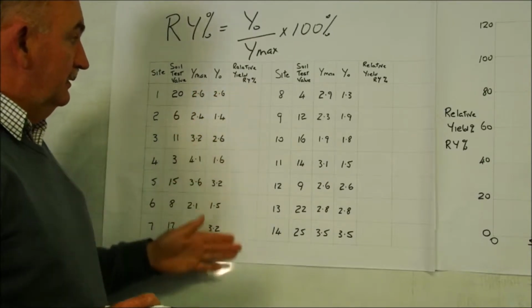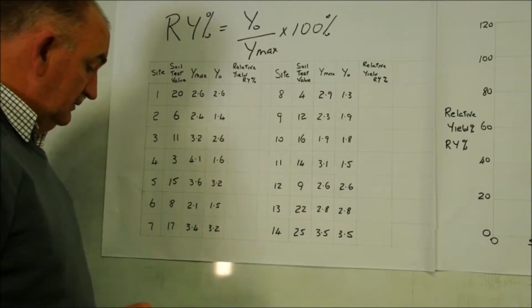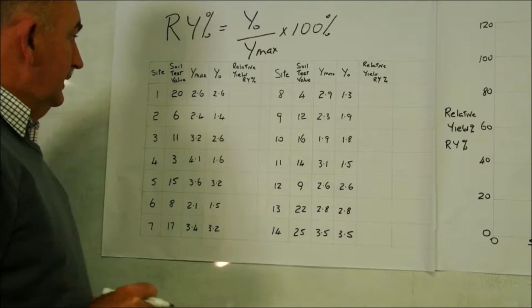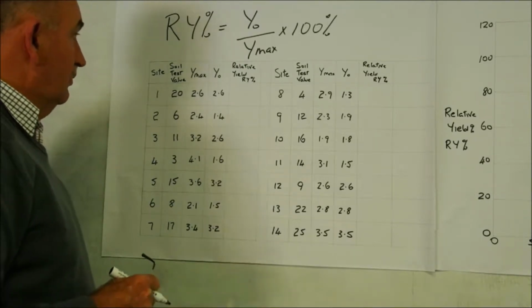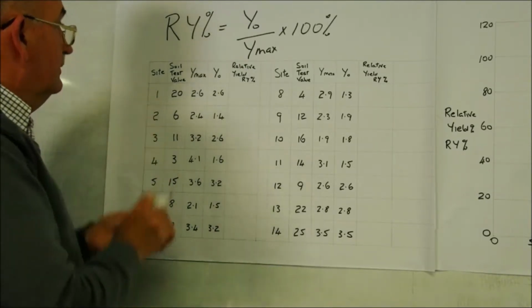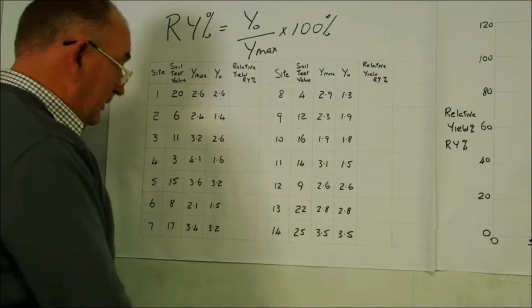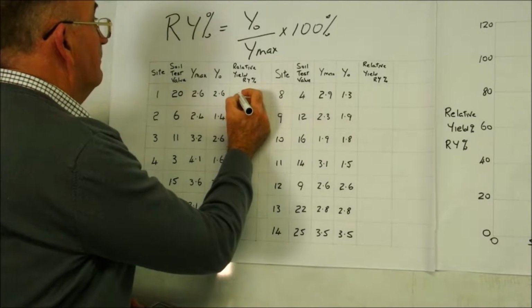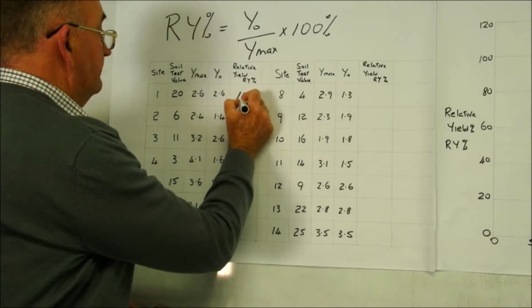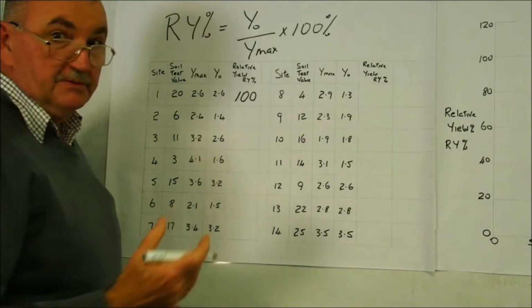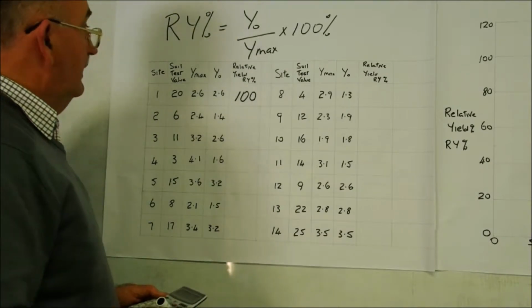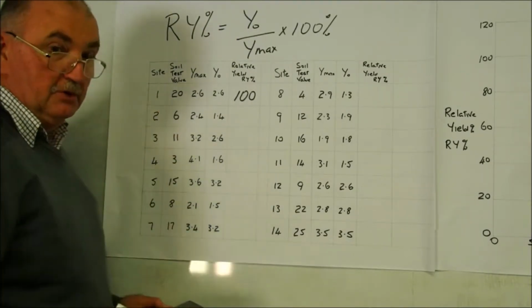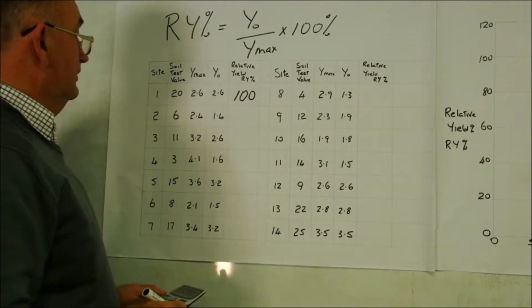And we have to work out the relative yield in each case. So to do that, relative yield is Y0 divided by Y maximum multiplied by 100, which in the case of the first one is 2.6 over 2.6 multiplied by 100 is 100. In other words, it was a non-responsive site. The soil test value of 20 was too high to get a response to the fertiliser.